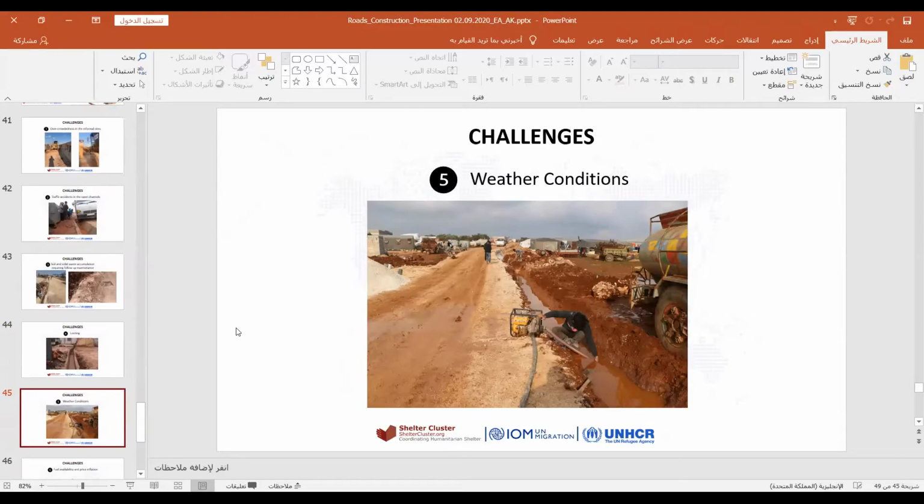And one more challenge during winter is weather conditions. As you know, we need to drain the accumulated water, and we have to wait for the soil to dry.